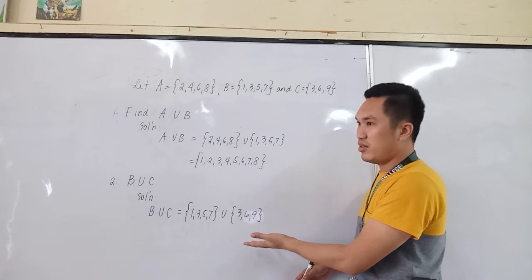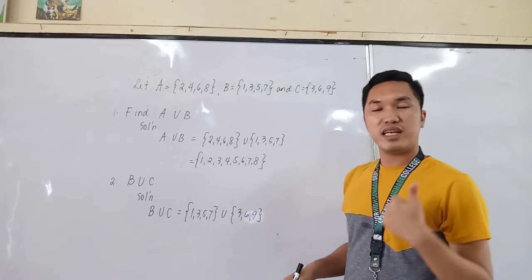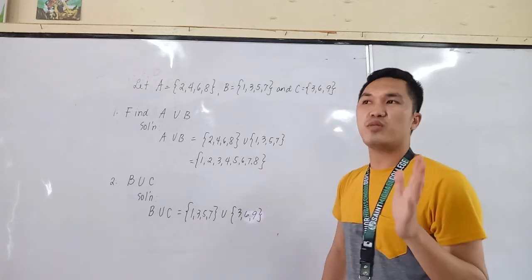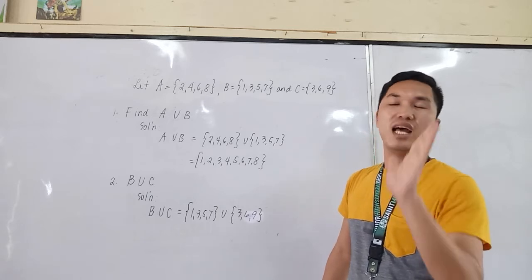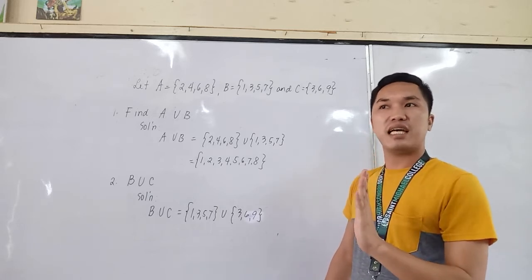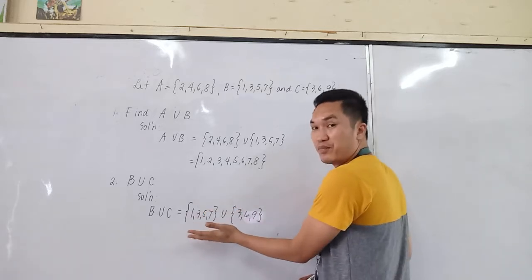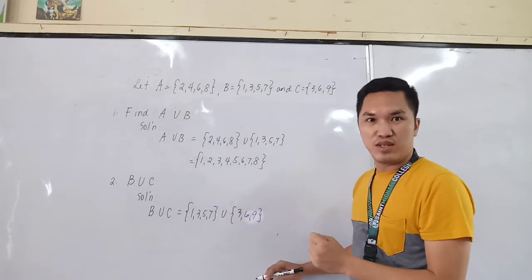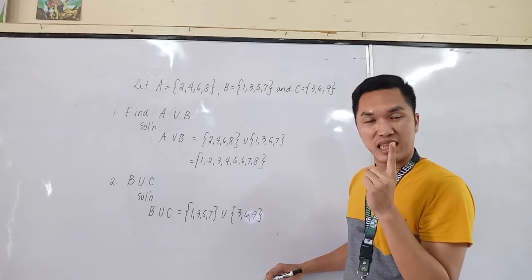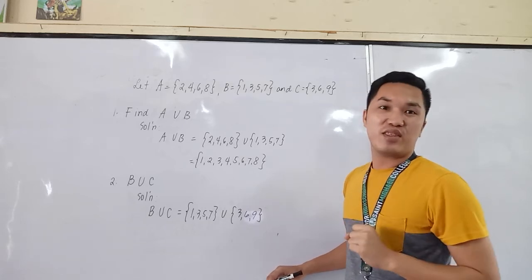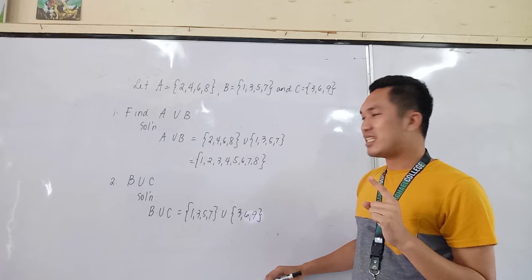If you observe that there is an identical element, an identical element means the same element. So look here. Do you see an identical element? Yes, 3. 3 is the identical element.